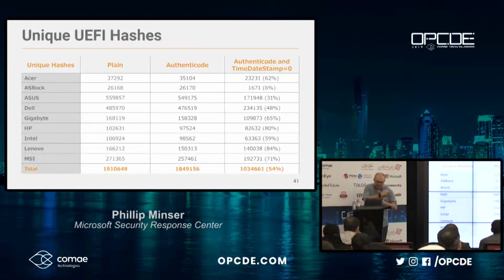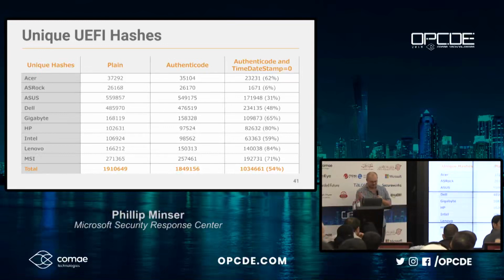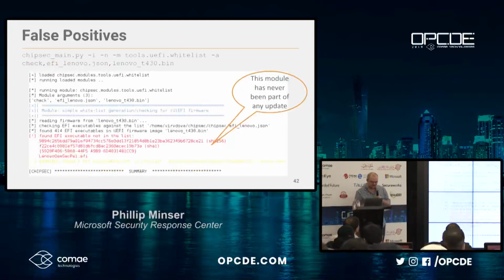As a result, we got about 1 million hashes from all of those BIOS images. These are hashes for components of the BIOS, called UEFI or DXE drivers, which are basically small executables, the minimum component in the BIOS architecture. Then we ran this test on some systems and found an interesting result.